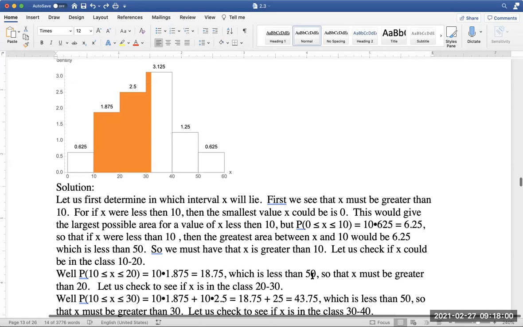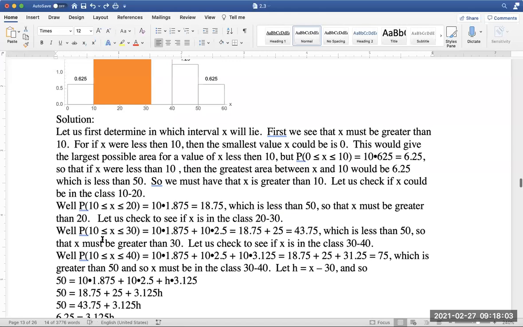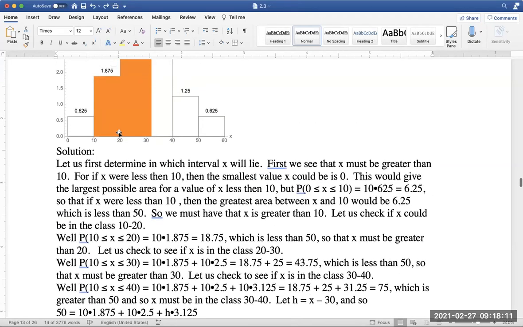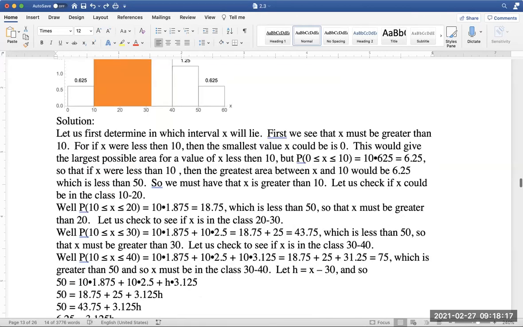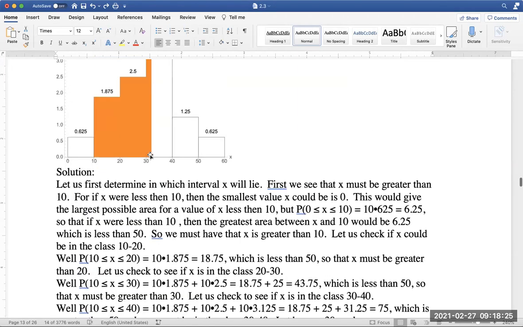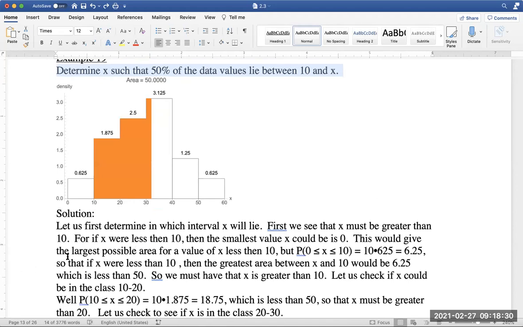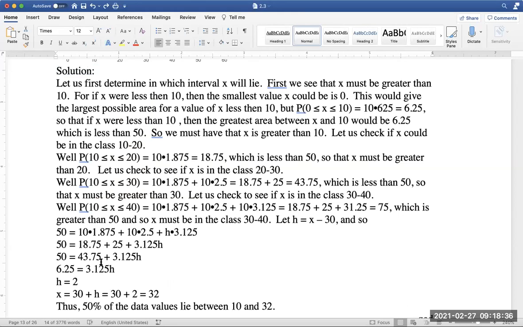And so, just like before, 50% is equal to 10 times 1.875, so 18.75, plus 10 times 2.5, another 25%. 18.75 plus 25 is 43.75, plus this little sliver h times 3.125. So 50 is equal to 43.75 plus 3.125h. Subtract 43.75 from both sides.